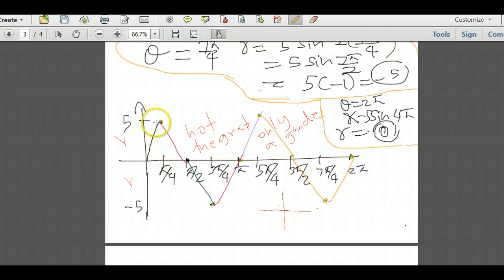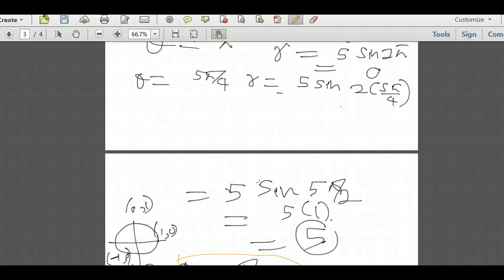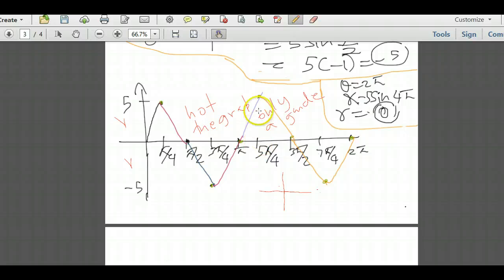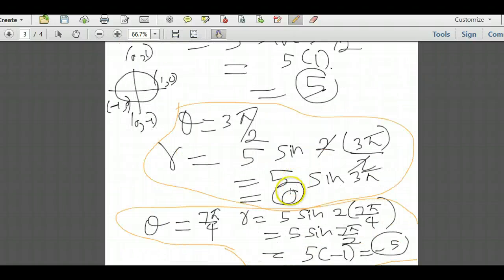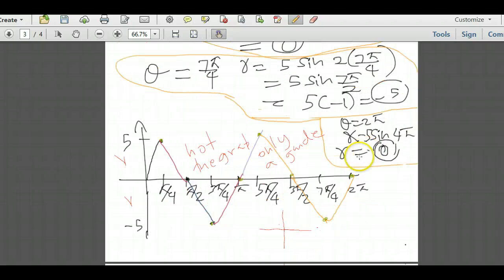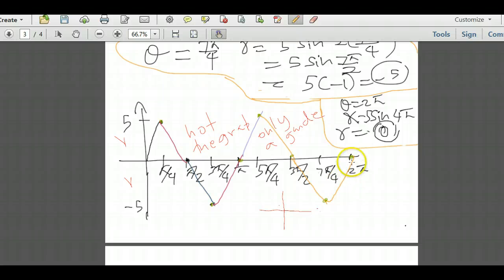Pi over 4 is 5, pi over 2 is 0, 3 pi over 4 is negative 5, then pi is 0. 5 pi over 4 would be what? 5 pi over 4 is 5, and then 3 pi over 2 is 0, 7 pi over 4 is negative 5, and 2 pi is 0.